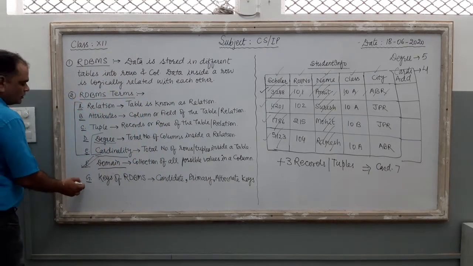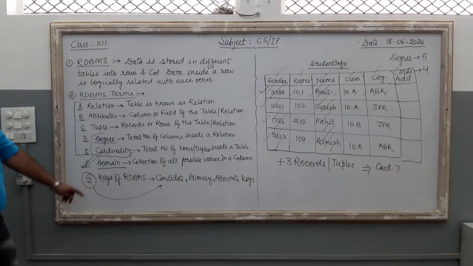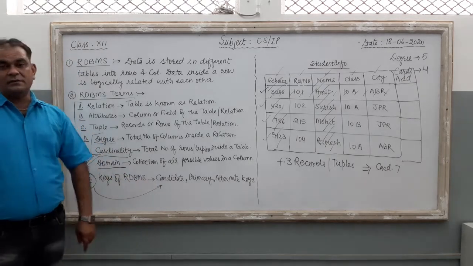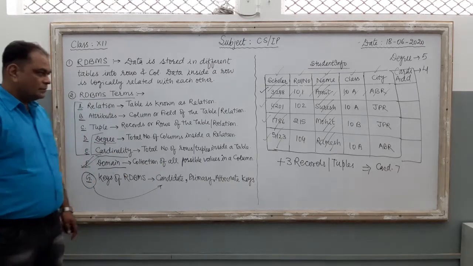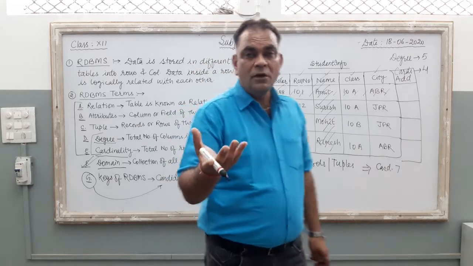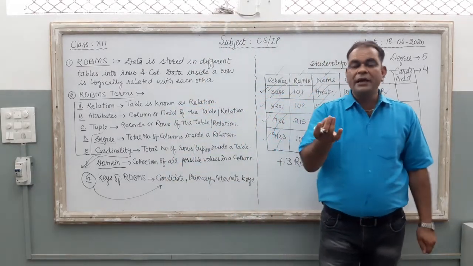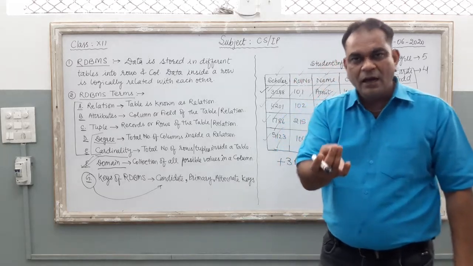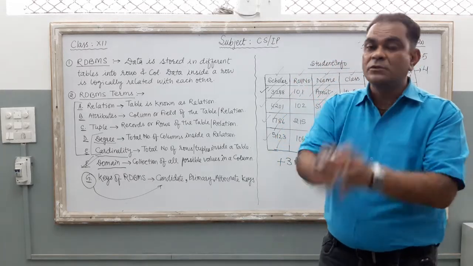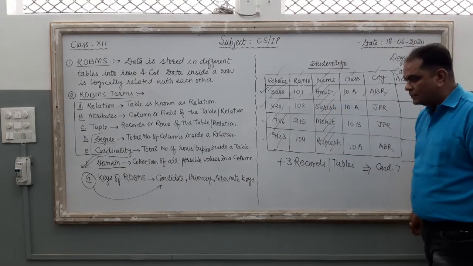Now come to the last and a very important term of this RDBMS: keys of RDBMS. Keys means a field, a column, or a group of columns. We can use a single column in the key or multiple columns also. So these are the keys of the RDBMS and keys of the table.